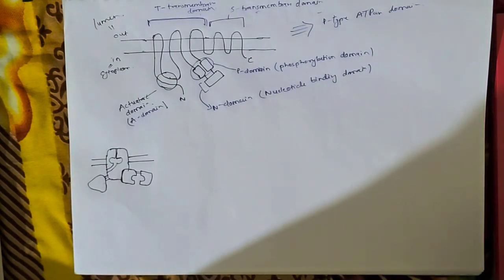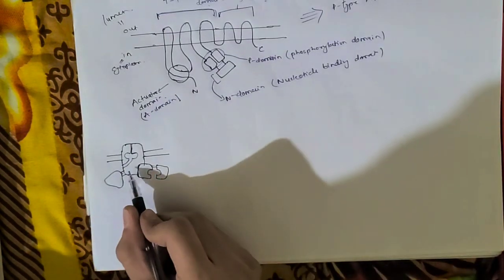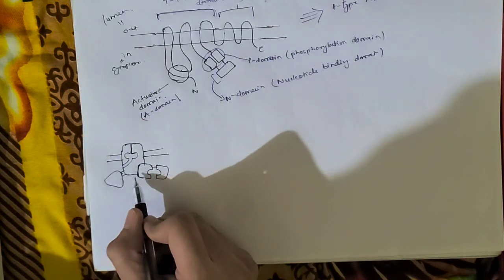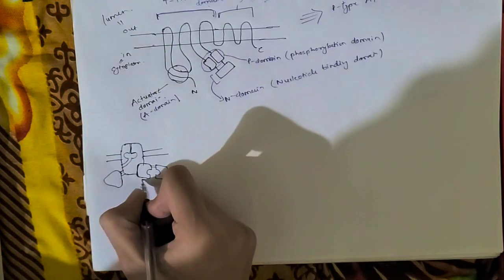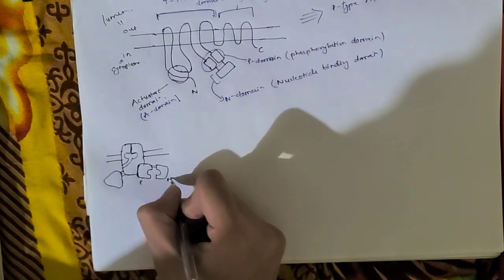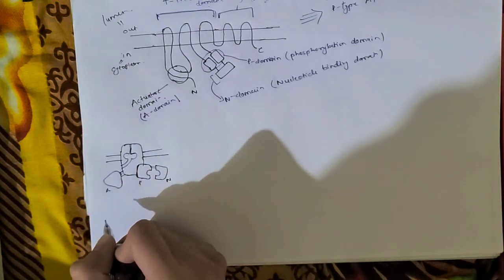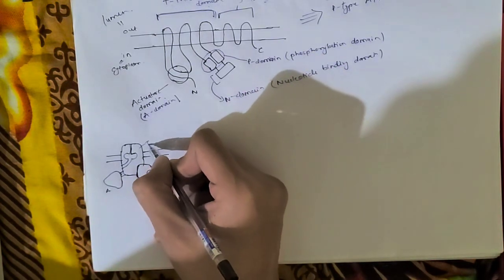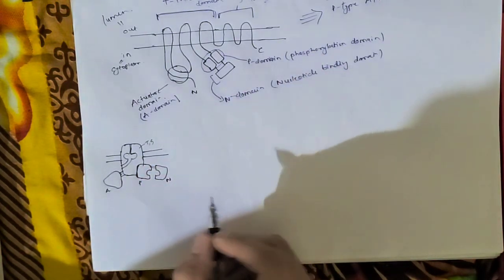So let's start with this. This is the initial conformation. In this conformation, this is P domain and this is N domain, this is A domain, and this is T and S transmembrane domain.